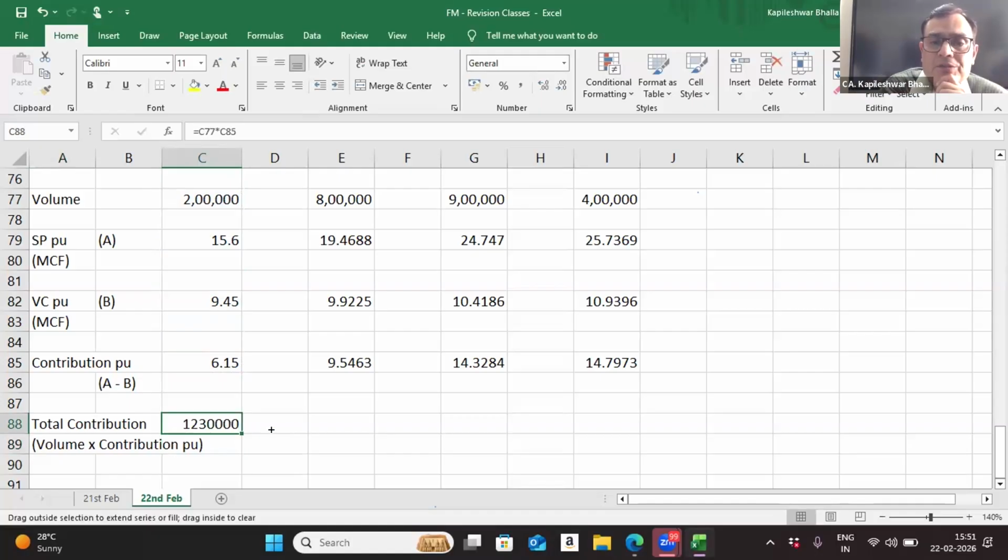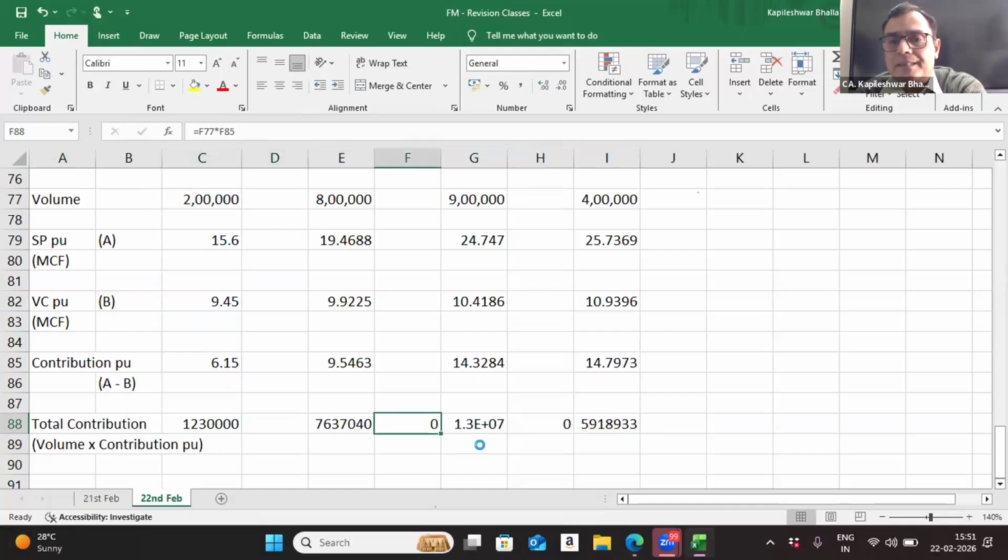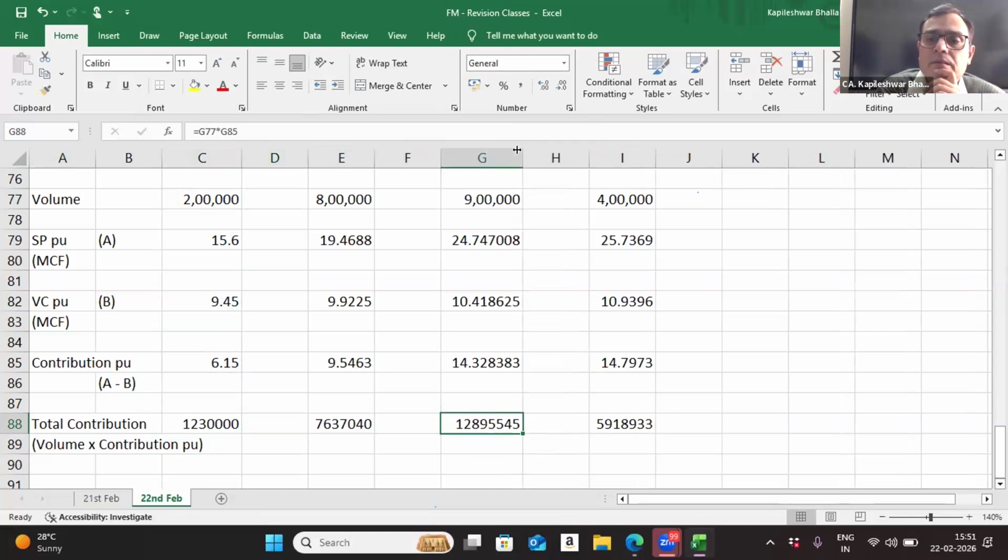Then we can just stretch it out. So we get this data. I hope the data is correct. So the total contribution is done. Okay, so far so good.